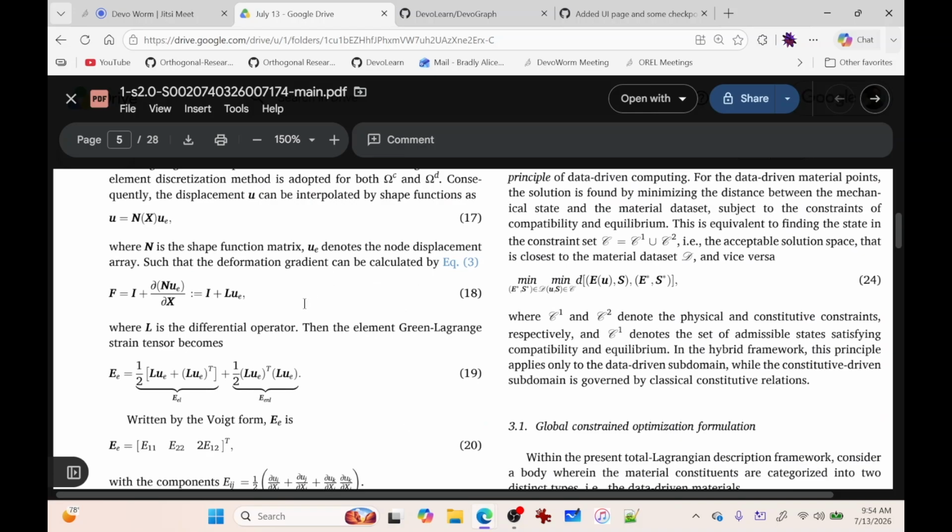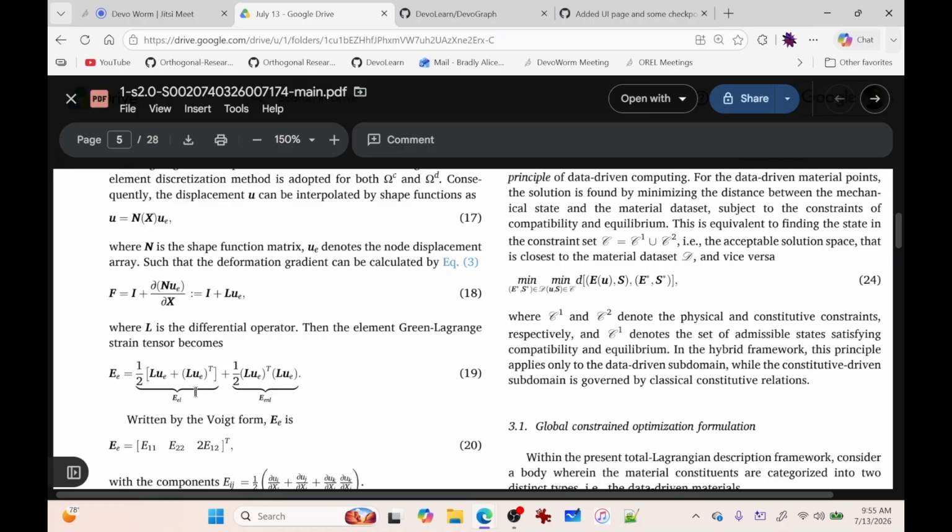Okay, so then in this equation 18, we have this L, and that L is the differential operator. Then the element Green-Lagrange strain tensor becomes, so we go from this deformation gradient to this Green-Lagrange strain tensor, which is this component here where we have EEL and ENL. And so these two components are additive.